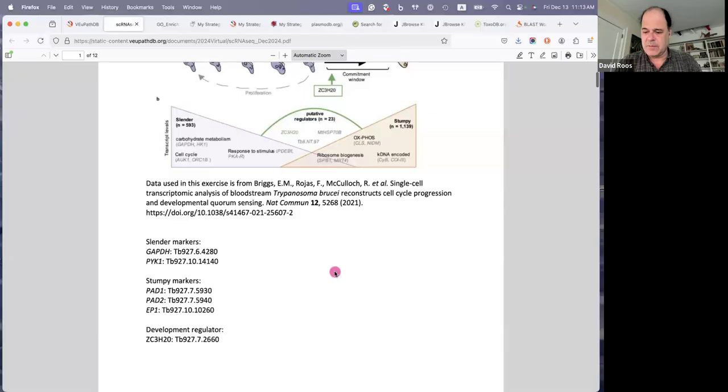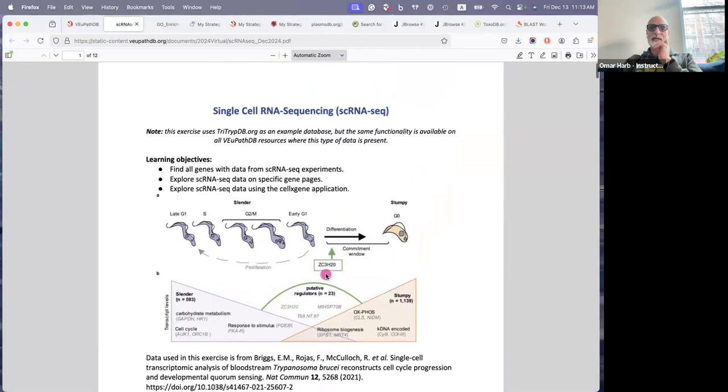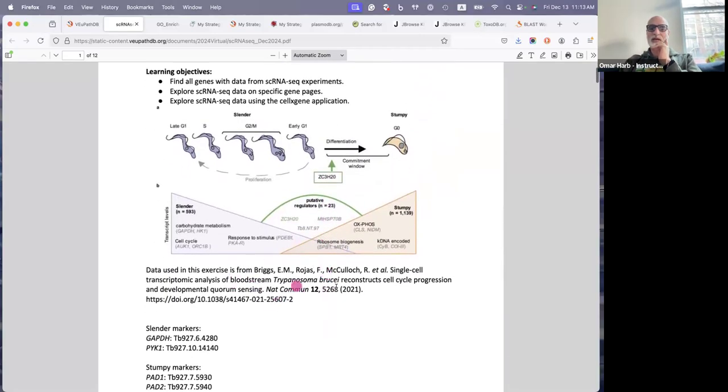So for the exercise, just to orient everybody, we're looking at this experiment from Briggs and colleagues from Richard McCulloch's lab, where they looked at differentiation in Trypanosoma brucei. And so these parasites have, like all parasites and organisms, different developmental stages.